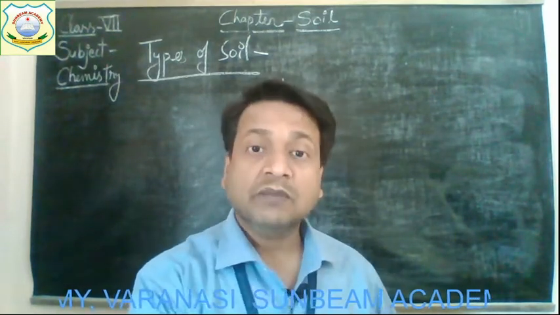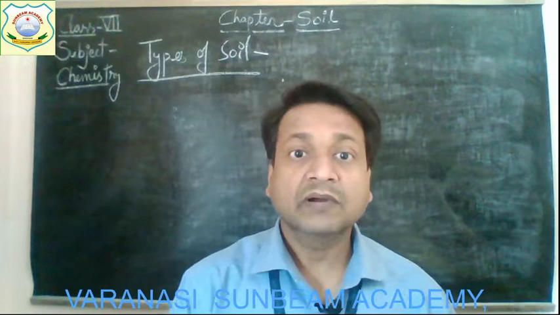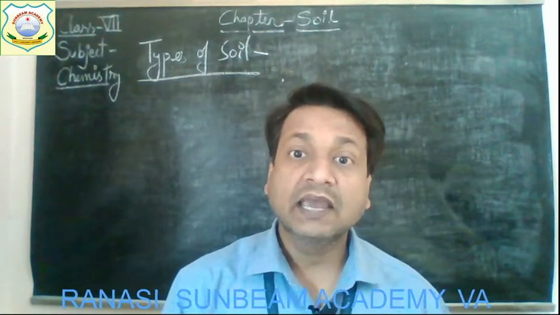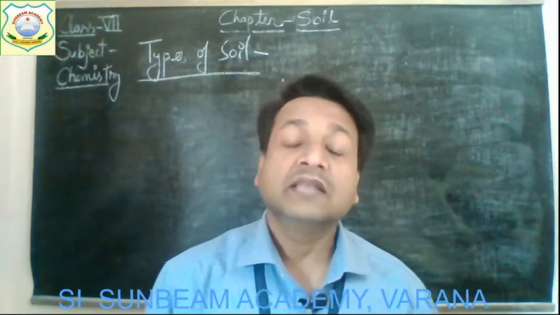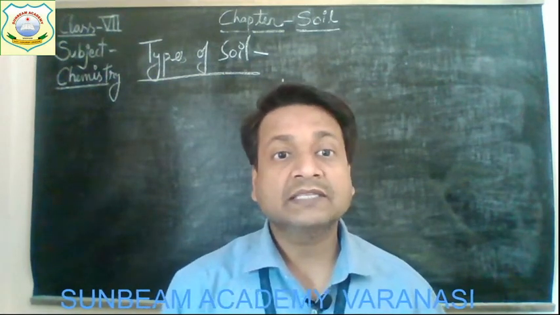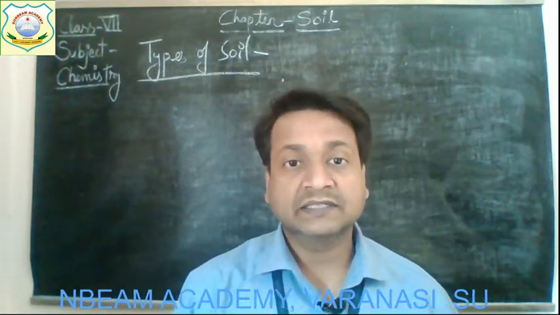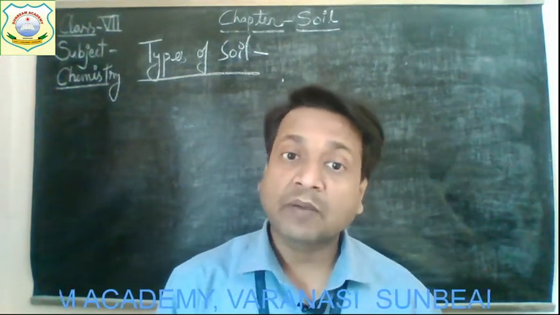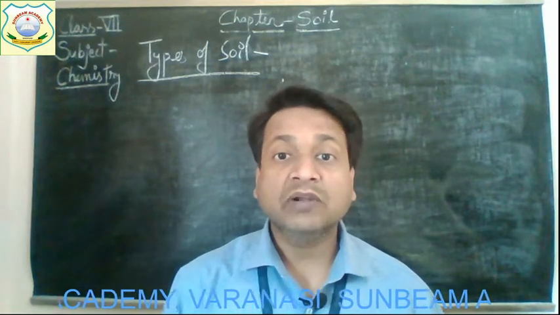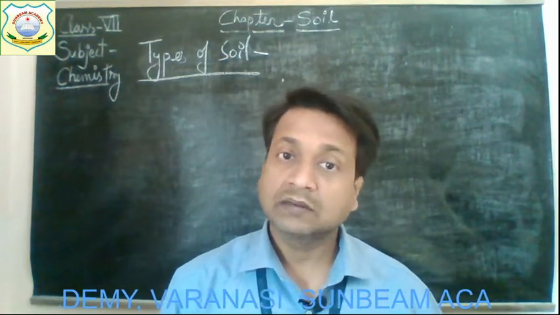Okay, so because of the difference in the size of soil particles and the colors due to the presence of different minerals, the soil can be categorized into three main kinds. Okay, so three main kinds of rock particles can be found in topsoil. Get it?